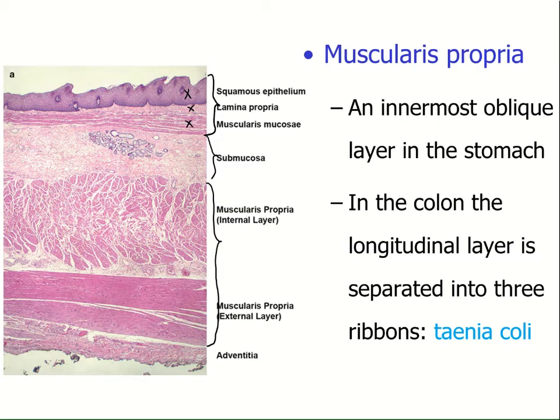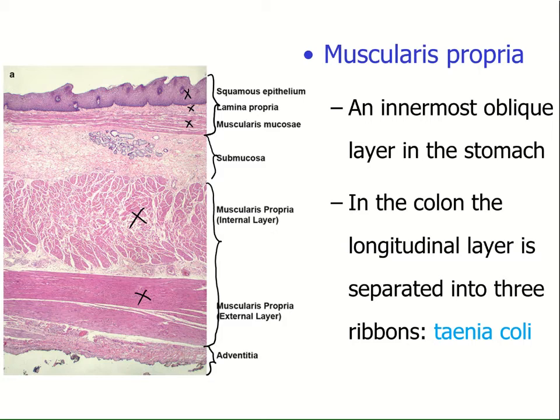You can see here the circular muscle layer in the muscularis propria is cut in cross section and the longitudinal layer is cut in longitudinal direction, since this is a longitudinal section. Further, you can identify the outermost layer of the gut tube, which is in this case the adventitia. We will take it up later in our discussion.